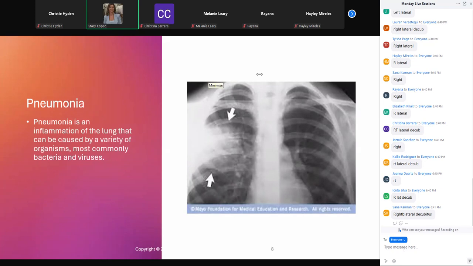Very different from abdomen, right? If the patient's non-ambulatory, please type in the chat which decubitus you're going to do for an abdomen to still see air fluid levels.